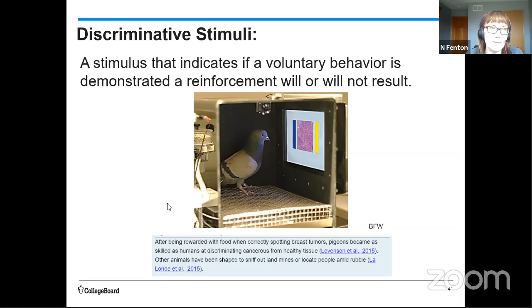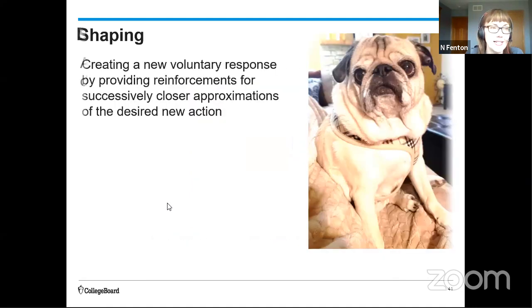So discriminative stimuli, you've learned that if you're tardy to teacher A's class, that's probably going to result in a negative outcome for you, maybe a detention, right? But in teacher B's class, nothing's really going to happen. So that's going to affect your behavior of whether or not you go to one class on time, potentially, versus another.